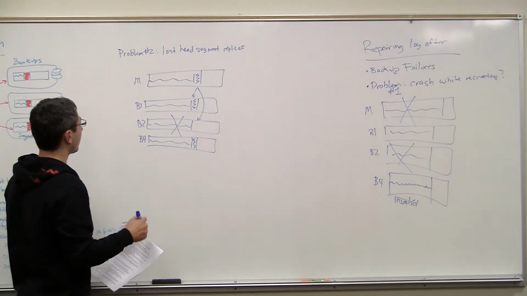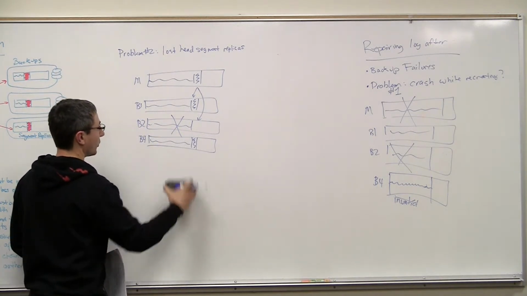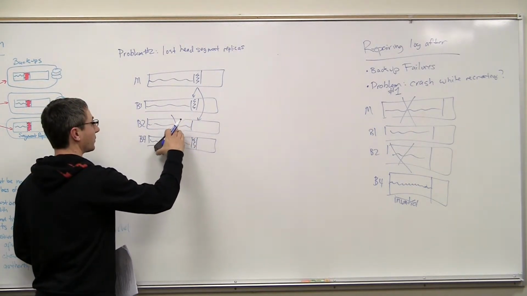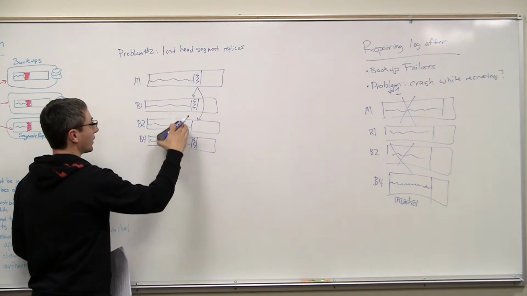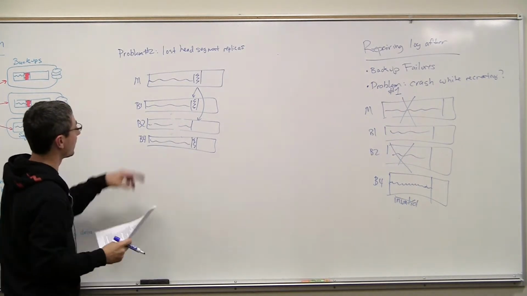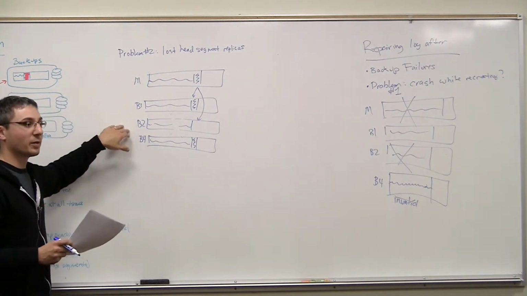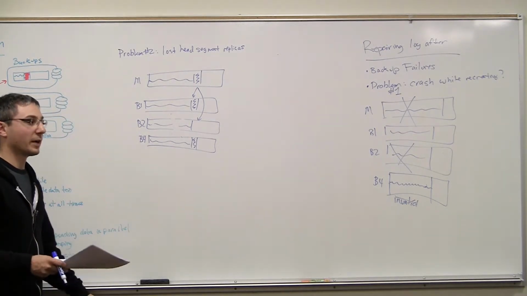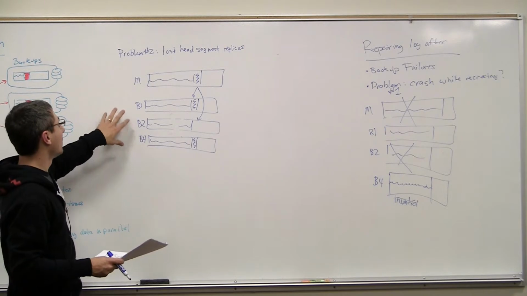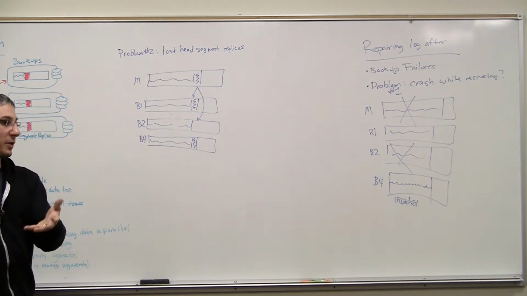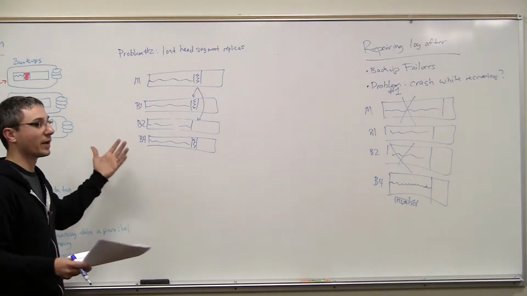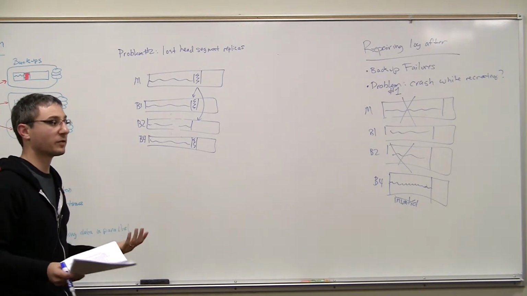Effectively we take this X off of B2. Now the problem is if we've acknowledged this write to the client already, and then we recover and find the copy on B2, we're going to recover without that object. So in the meantime, while the backup's been crashed, the state of that replica might have changed, and now we don't reflect those changes.